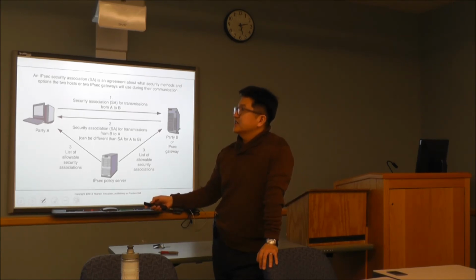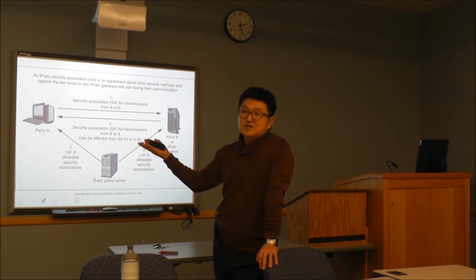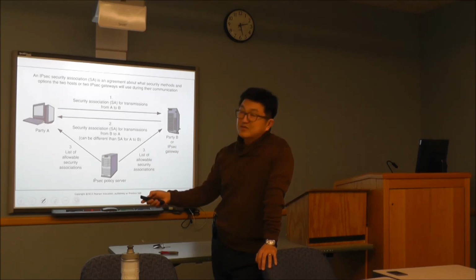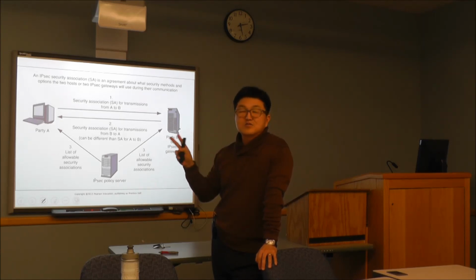And as you can see, the policy on that host can be set up by this server automatically. That's what it shows pretty much. And then the security association here could be one way of doing it. Another way is coming back, right? So those two could be different. They don't have to be the same, okay?